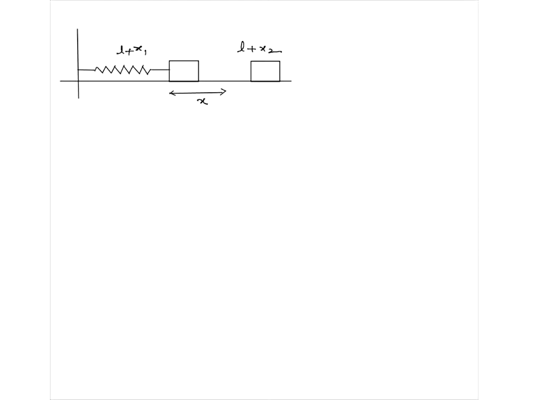So if total elongation is x, it will go from x1 to x2. So we would have half kx1 square minus half kx2 square, work done by the spring force.